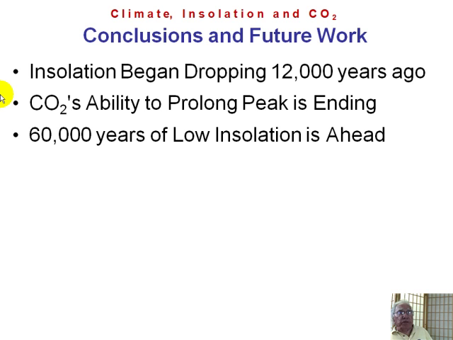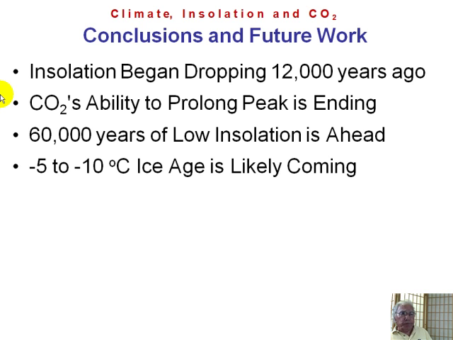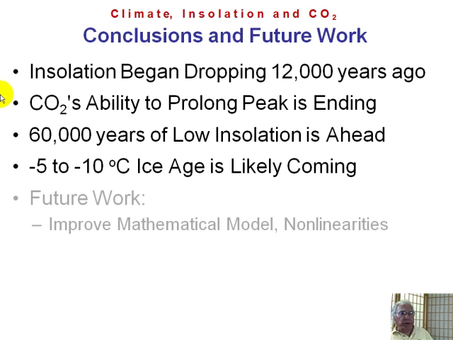As far as the future goes, for the next 60,000 years, we're going to have a lower insolation than we've had at any similar length of time in the past. There's no doubt in my mind we're heading for an ice age, which is going to be 6 degrees, and as it develops, probably goes down to 10 degrees, just like has happened 4 times in the past 500,000 years.